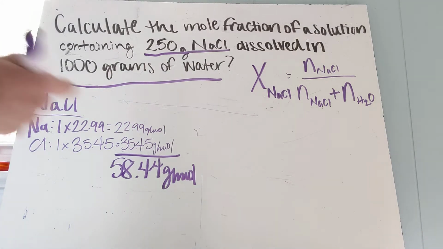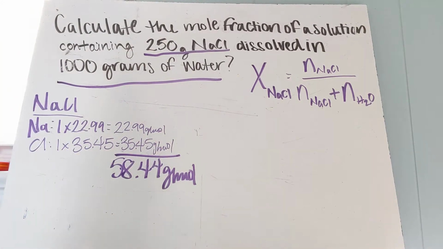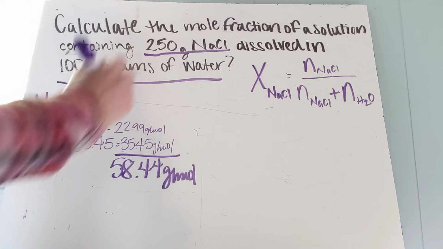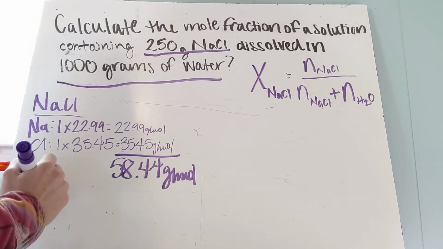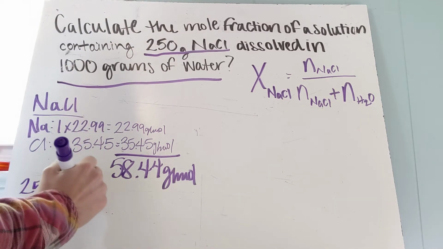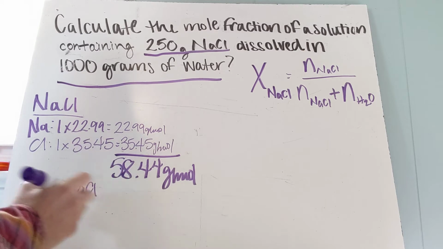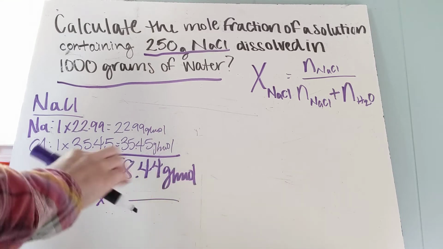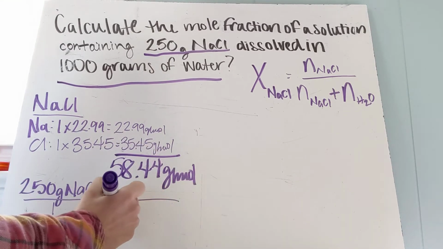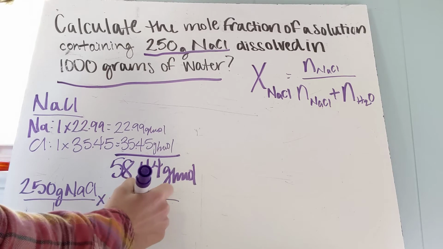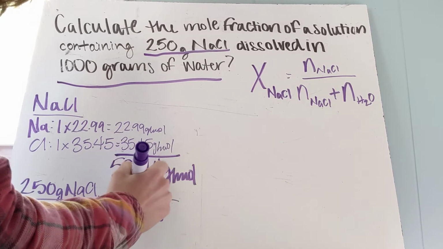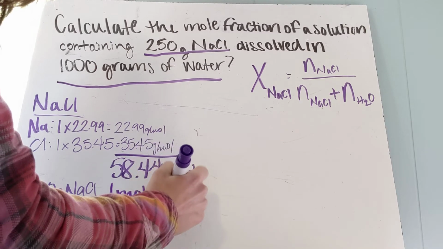And I'm going to come down here and do my conversions. So I'm given 250 grams of NaCl. I'm going to put that over 1. Since grams are on the top, I need grams to be on the bottom right here. 58.44 grams per 1 mole of NaCl.